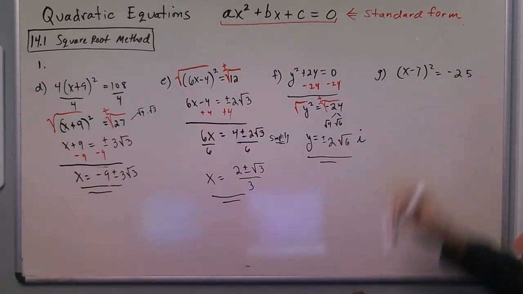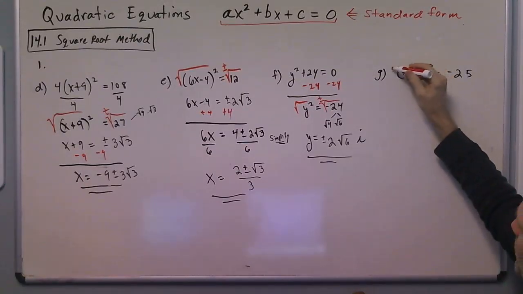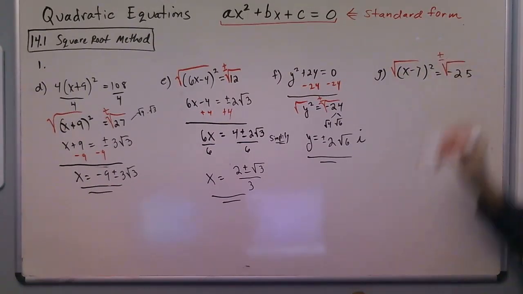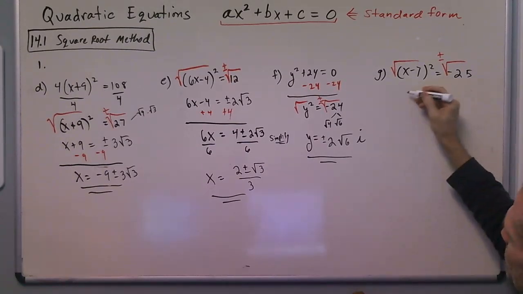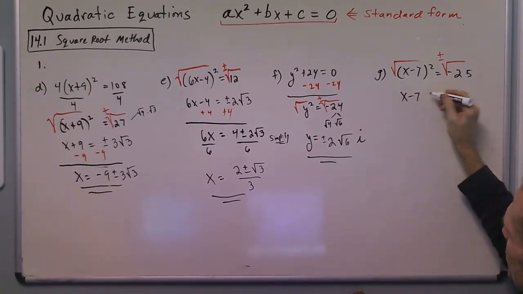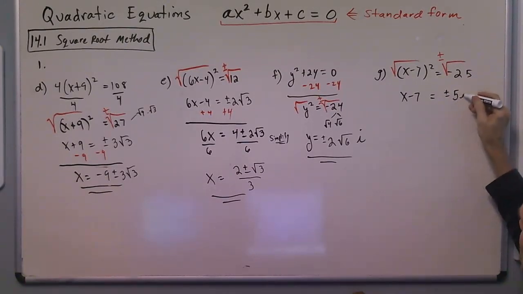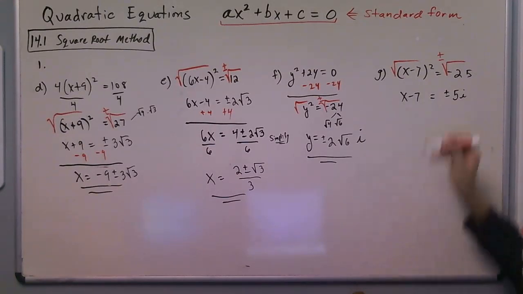And then the last one here, it's ready to take the square root because our squared term is isolated, so I'll square root. And on the right side, well, let's do the left side first. I get x minus 7. On the right side, I get plus or minus 5i from the square root of negative 25. So I'll add 7 to both sides.